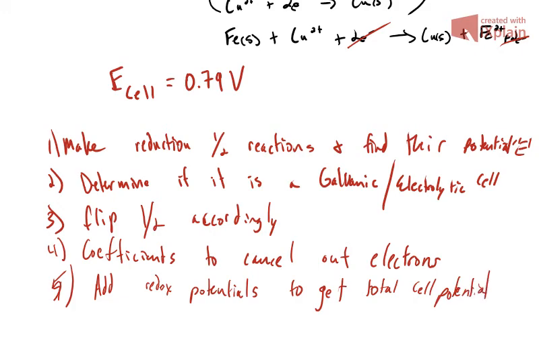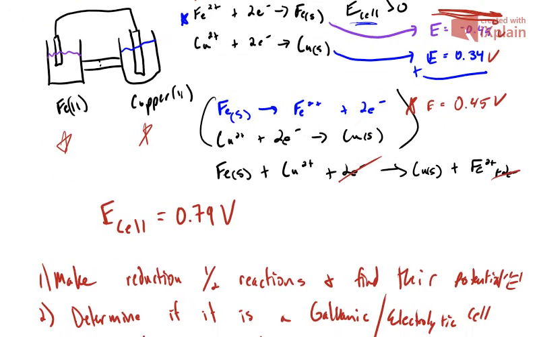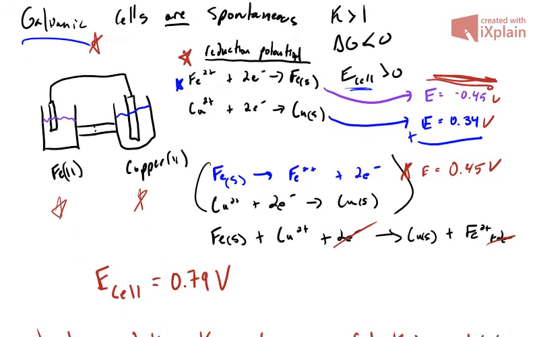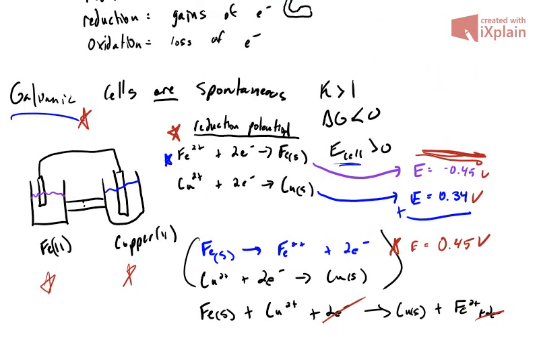Okay, that's all we did. We knew we were working with iron 2 and copper 2, so we wrote out their reduction potentials here. The reduction potentials have these numbers. Then we figured out that we were working with a galvanic cell. So when we flip our half reactions accordingly, we had to make sure that our total E value, when we added them together, would be positive.